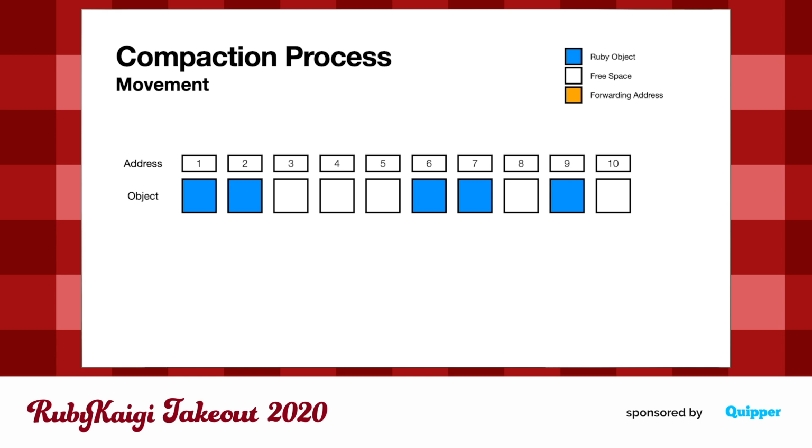Imagine there is a memory layout like this. The blue squares represent live Ruby objects, where white represents empty slots, and yellow represents forwarding addresses. The compaction process requires two pointers, one at the beginning of the heap and one at the end. One is called the free pointer, the other is called the scan pointer.